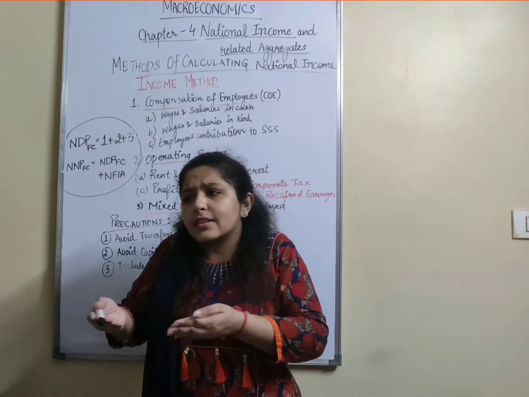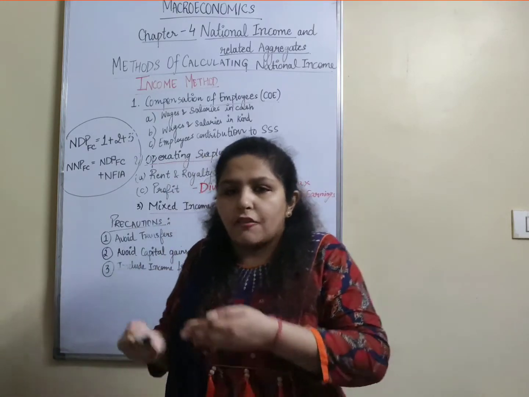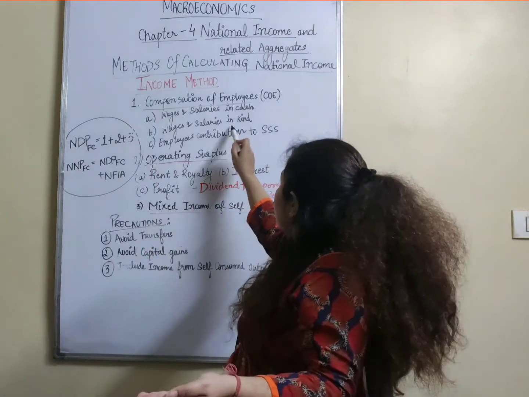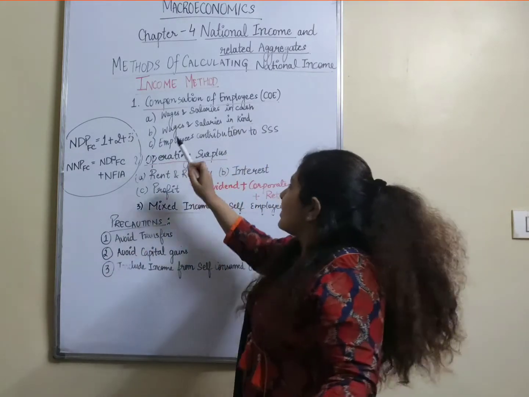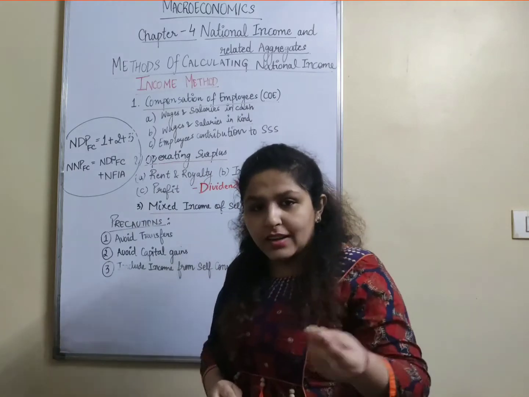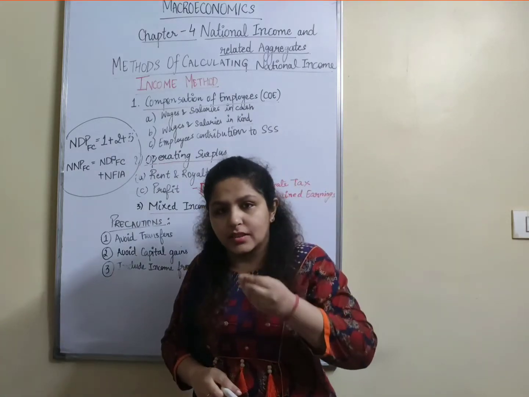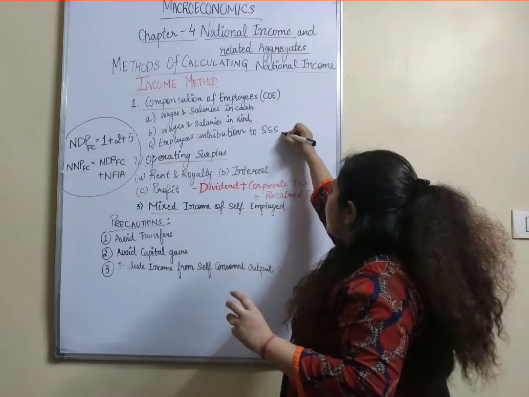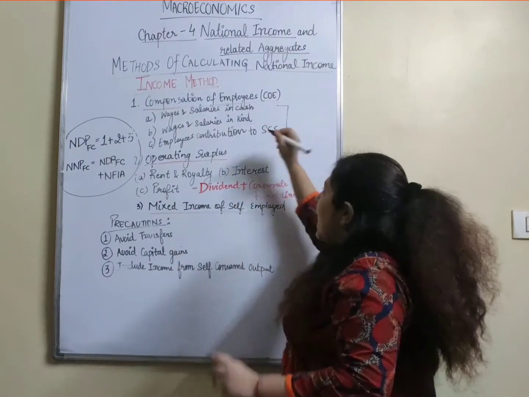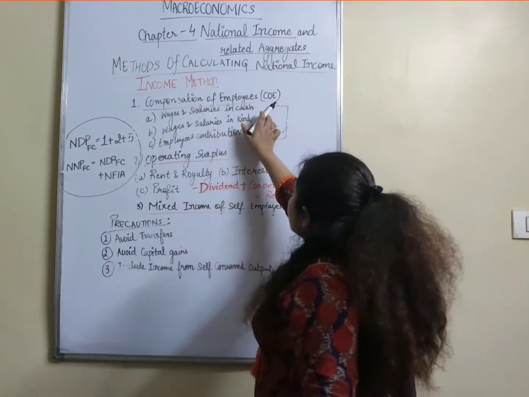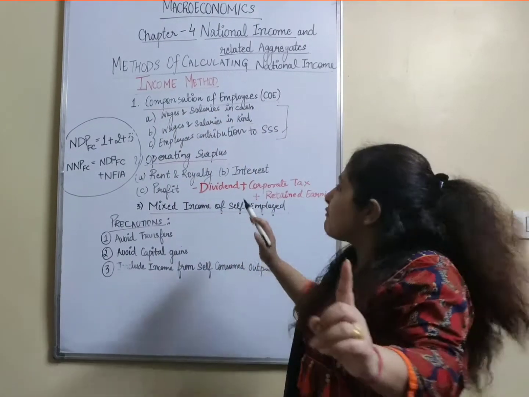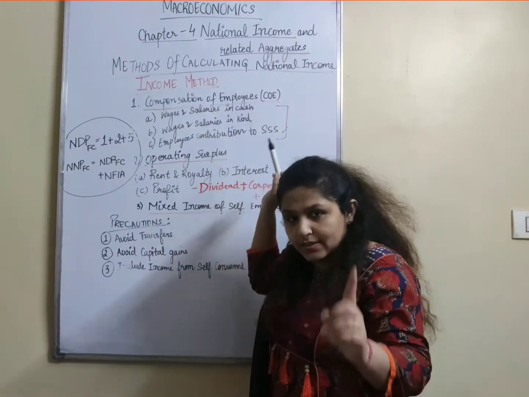On the other hand, people working in offices get food, lunch, with them. So that is wages and salaries in kind. And third, they get the provident fund: some amount of their salary is deducted to get the social security scheme, also known as provident fund. So adding these 3, I get the COE, compensation of employees. This is the very first part of income method that you need to consider.